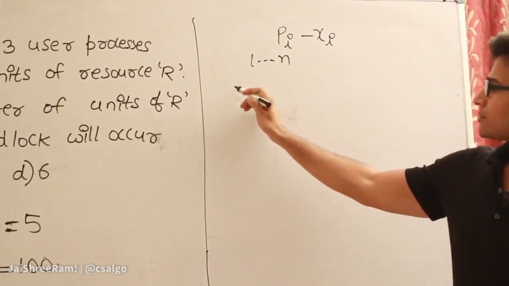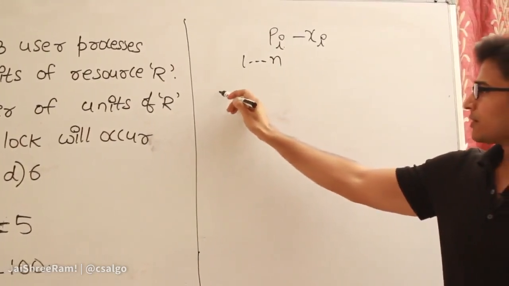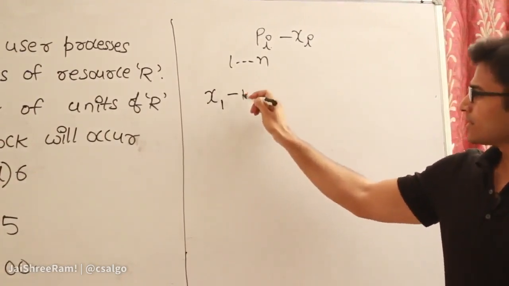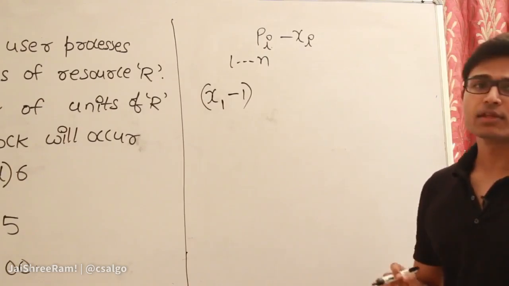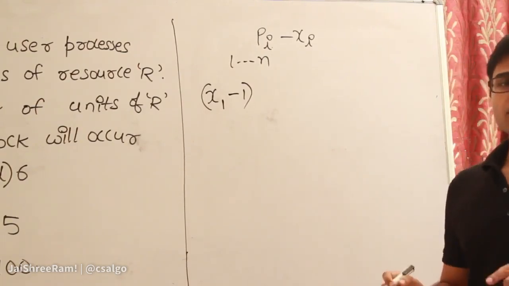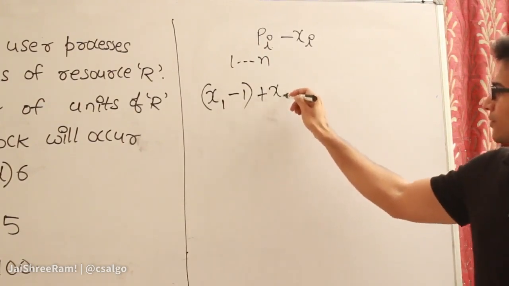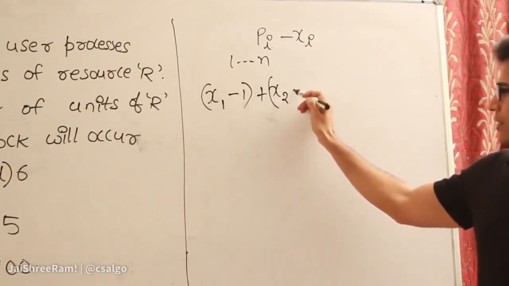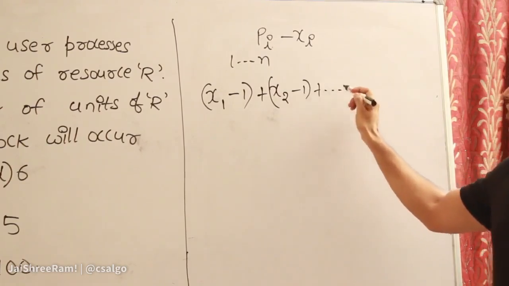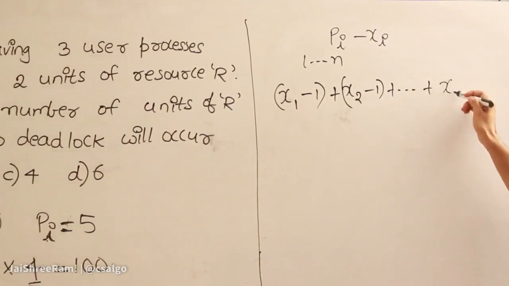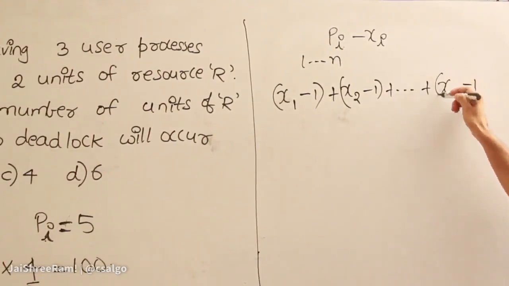I'll give P1 as many as possible, but hold back one, so that P1 will wait for that one resource and fall in the deadlock. Similarly, I'll give process P2 all its requirement except one, and so on, I'll give process Pn all the resources it needs except one.